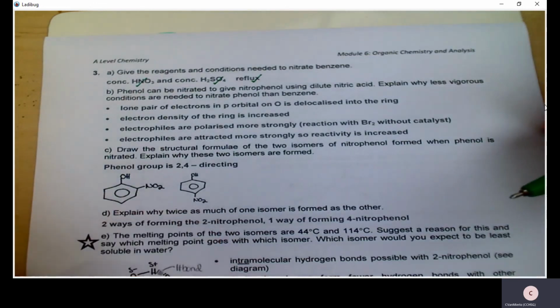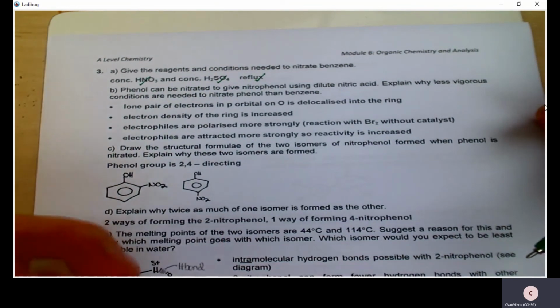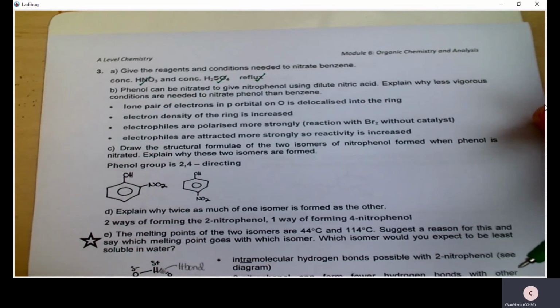So this is where we need to explain the enhanced electron density of the ring in the phenol in comparison with benzene, and then link that in with the reactivity with the electrophiles. So key things we need to make sure we mention.